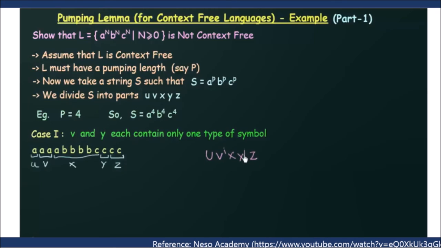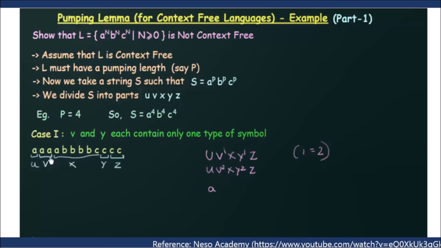So here I have i, and I am going to take i equal to 2, for example. That means it will be U, V square, X, Y square, and Z. Now let me replace it here and see what string I am going to get. What is my U? U is just 1 A. What is my V? V contains 2 A's, but it is V square, so I have to double it.